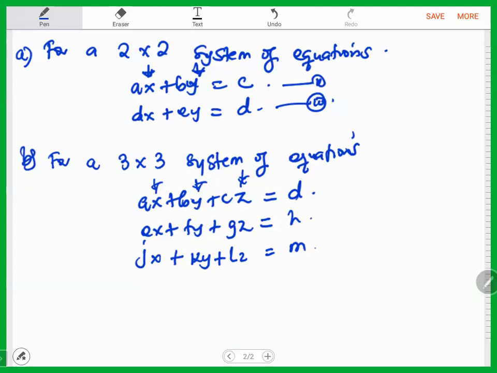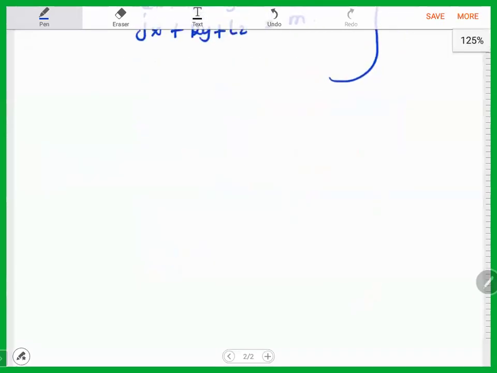We have 1, elimination method. 2, substitution method. 3, graphical method. And 4, matrix method. So we are going to solve these using those 4 methods.